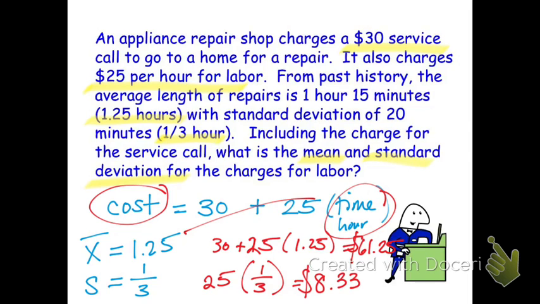Yes? Well, what does the 8.33 mean, like in the question? So the average cost for this labor is $61.25. And then the typical deviation from that is about $8.33. Including the charge of the service call. So once we get into normal curves, it'll make more sense.